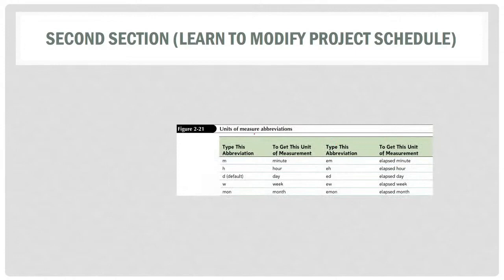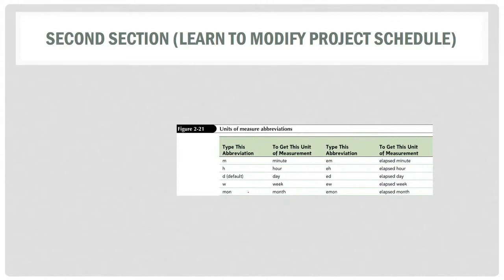Units of measurement of your duration. This will help you to set the durations for the task. You can change the durations not only to days or weeks, but you can also set the duration to minutes, hours, and months. It depends on your project, so you can use these measures for your durations.